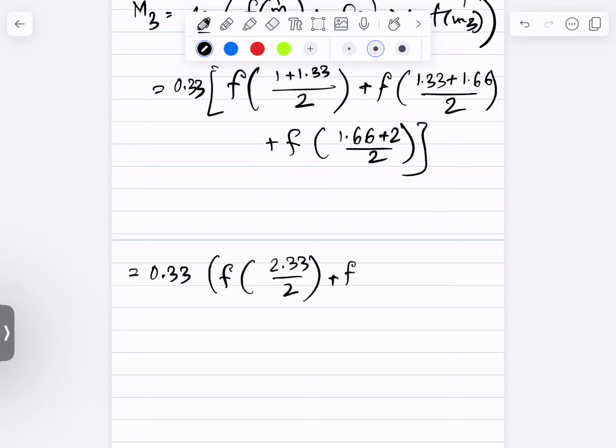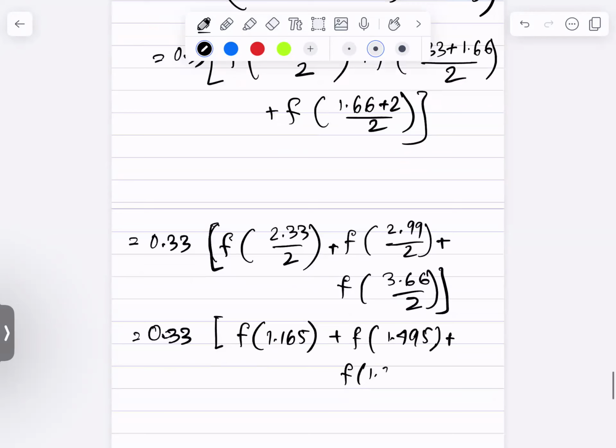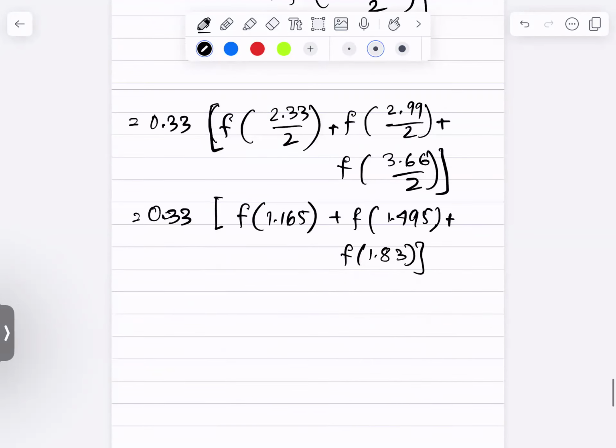Plus f of 2.99 over 2 plus f of 3.66 over 2, which is just 0.33 times f of 1.165 plus f of 1.495 plus f of 1.83, like this.